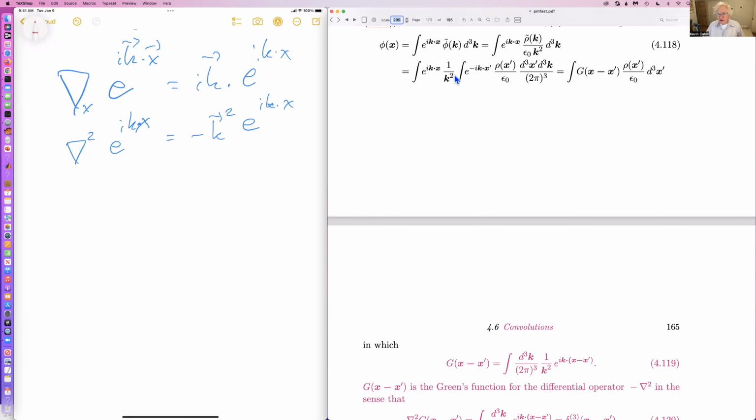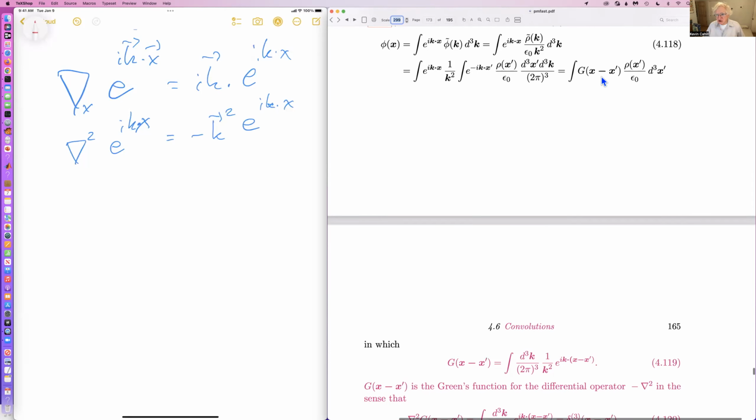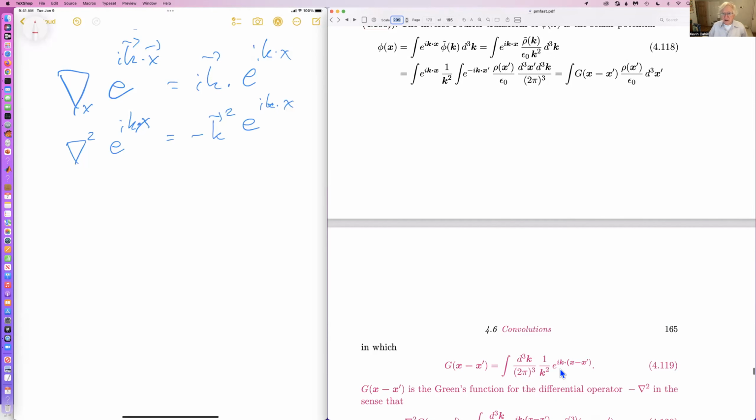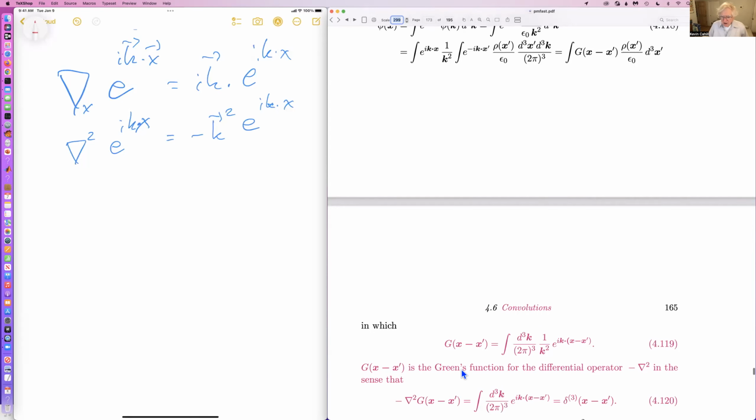In other words, when we rewrite this formula in terms of g, the way we've done that is we've taken the 1 over k squared and the Fourier transform e to the i k dot (x minus x prime), and we've used that to make g of x minus x prime.